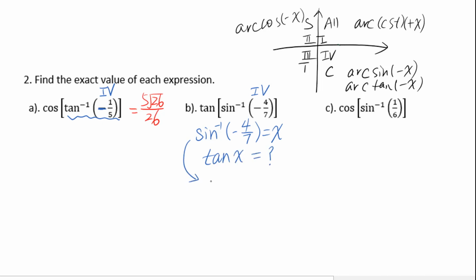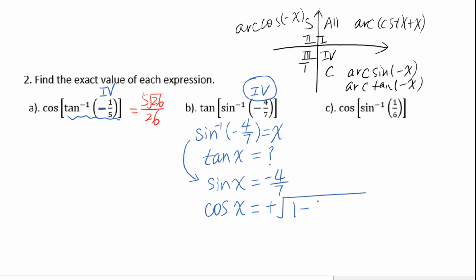From here, we can get sine x equals negative 4/7. We will work out cosine x first. For cosine x, since this is the fourth quadrant, cosine x will be positive square root of 1 minus negative 4/7 squared.